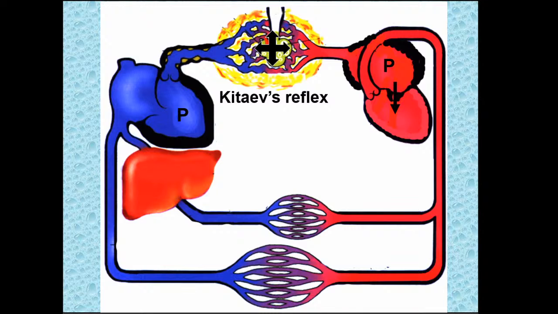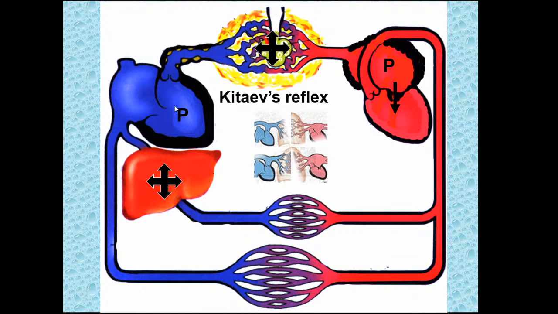As a result, first of all there will be a problem with the left circulation due to involvement of the left atrium, and then a problem with the greater circulation due to involvement of the right ventricle.